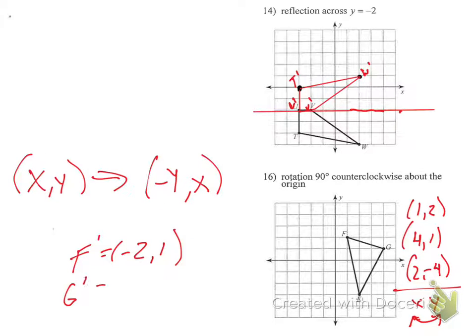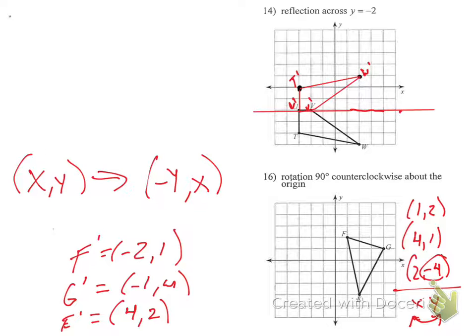G prime, flip it, is going to be (-1, 4). And E prime is going to be equal to, I'm just flipping this sign, so a -4 turns into a +4, and then I switch them, and that is the final right there.